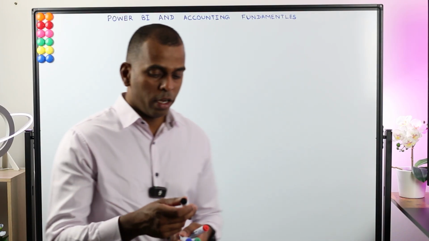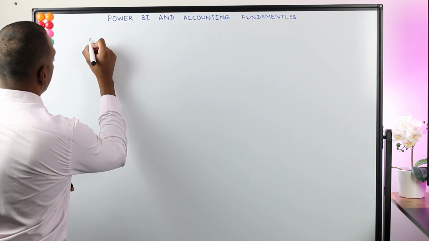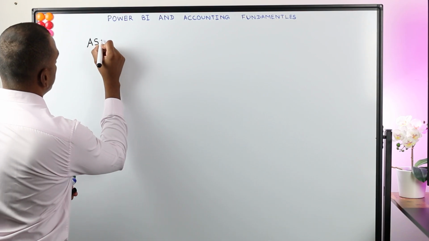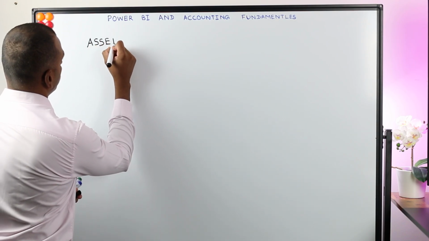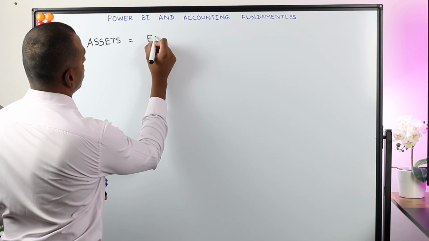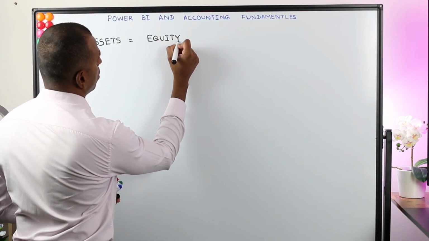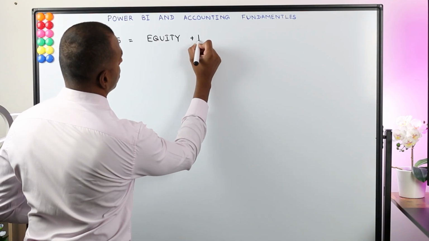First of all, I will introduce this equation. This is the accounting equation. Assets equals equity plus liabilities.